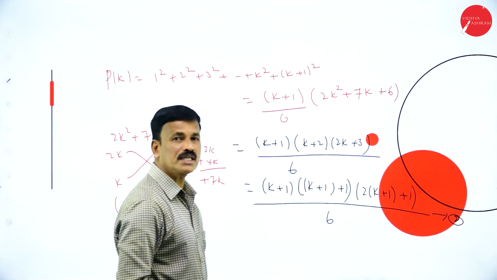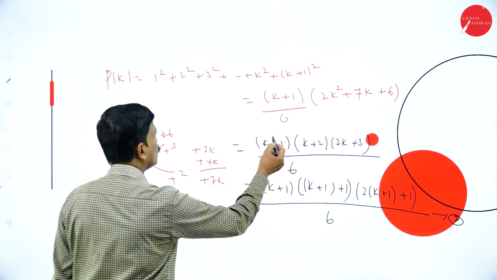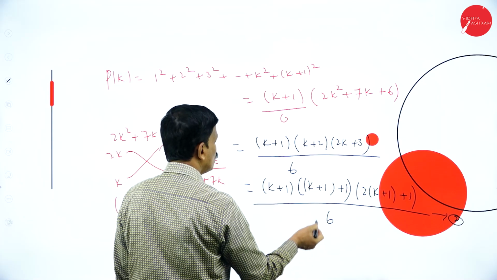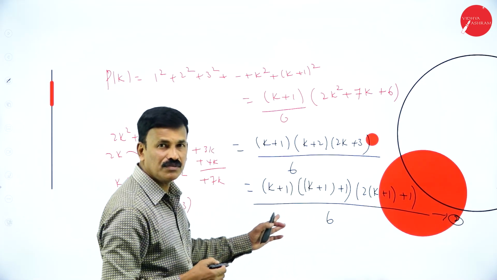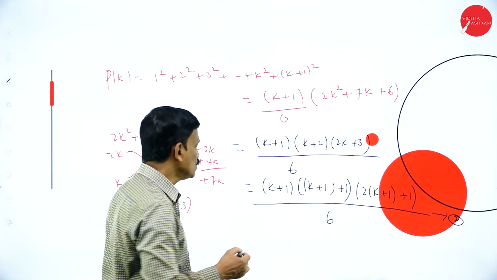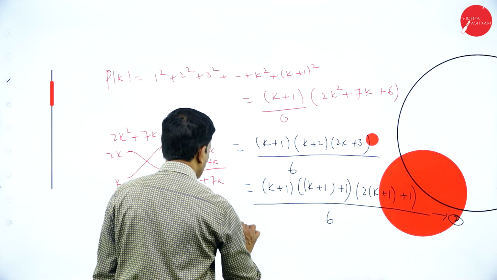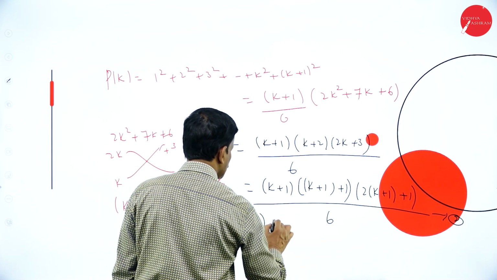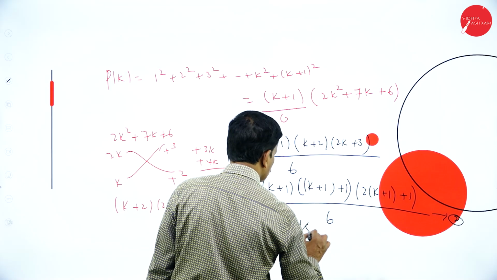Okay. Now if you observe carefully from equation number 1 and 2, wherever there is k in equation number 1, we have k plus 1 in equation number 2. So therefore p of k plus 1 is also true.